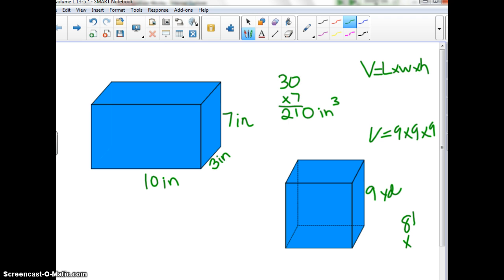Then, 729. Yards cubed. Yep, 729 yards cubed is correct. How many of you got that one right? Wonderful. How many of you thought it was 27? Oh, thank goodness.